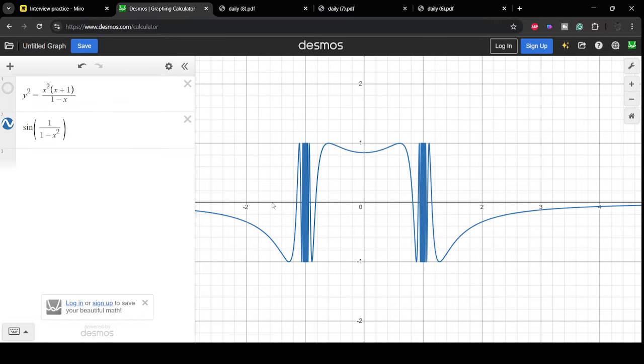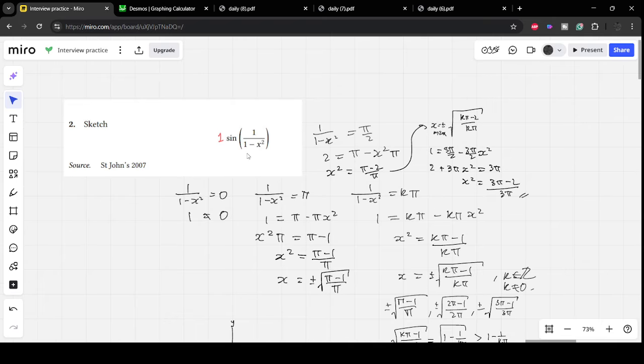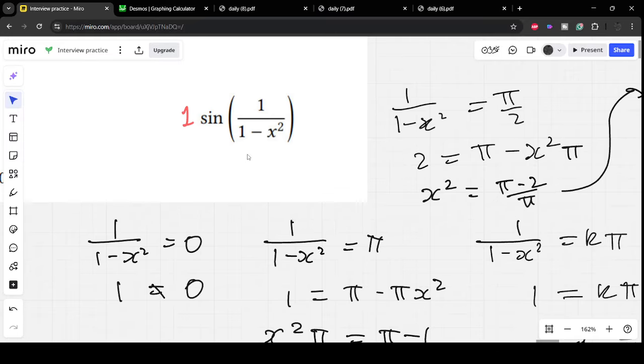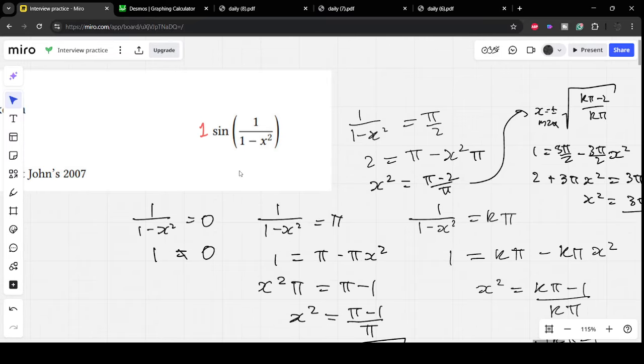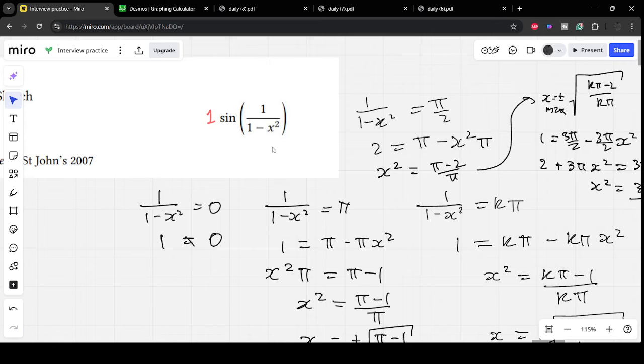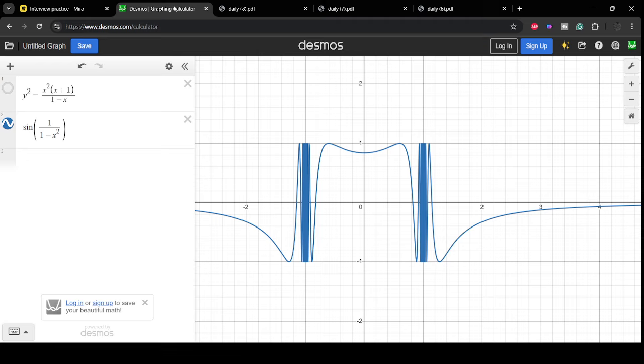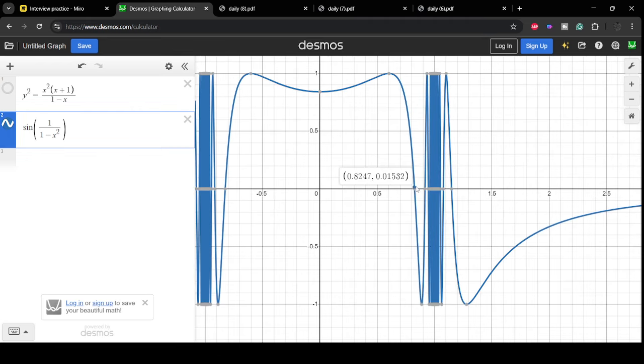Oh, okay. And also, how did I miss this? X equals to 1, I just get 0. That means it's not technically defined at 1. What even happens at 1? Where it's 0.